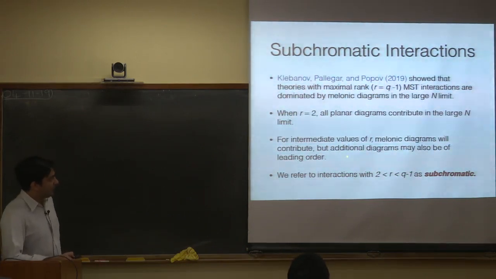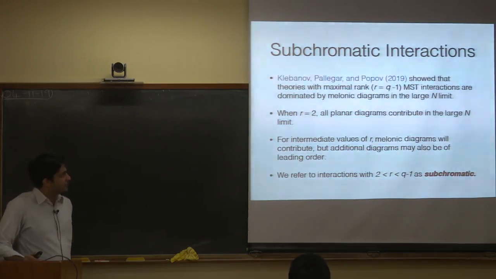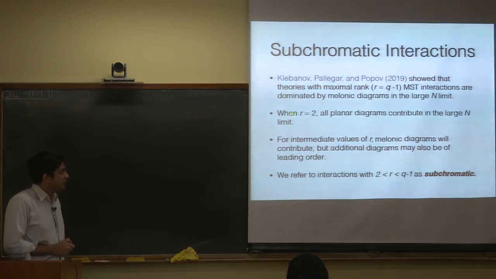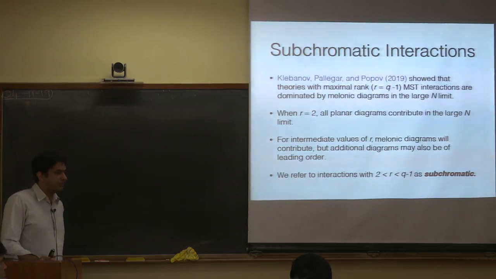For intermediate values of R, clearly melonic diagrams would contribute, but there's also the possibility of additional diagrams. So by studying MST interactions, say with R greater than 2 but less than Q minus 1, there's a possibility of large N limits which are perhaps more strongly interacting than melonic, but still summable and solvable.